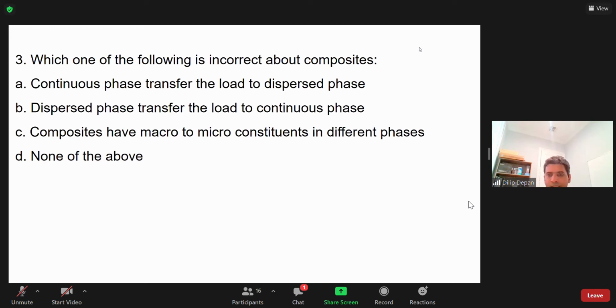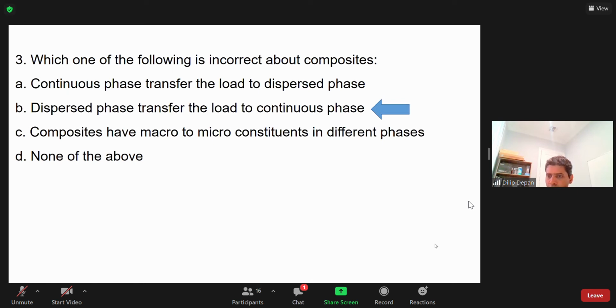So A is correct. Also, composites have macro to micro constituents mixed together in different phases, so that is also correct. So the incorrect statement here is that the dispersed phase transfers the load to the continuous phase. That's a wrong statement. The dispersed phase takes the load from the continuous phase, not the other way around.